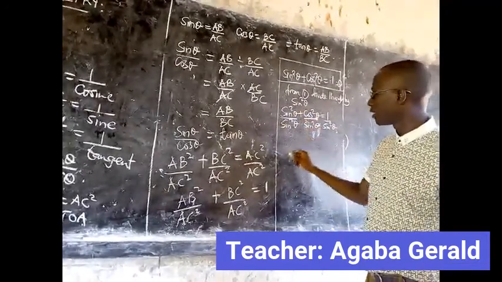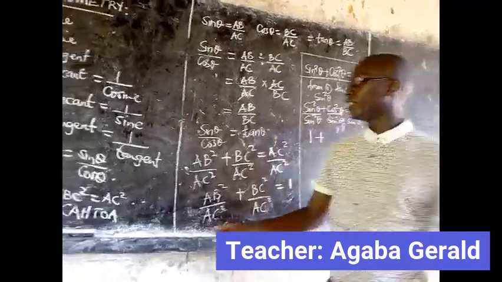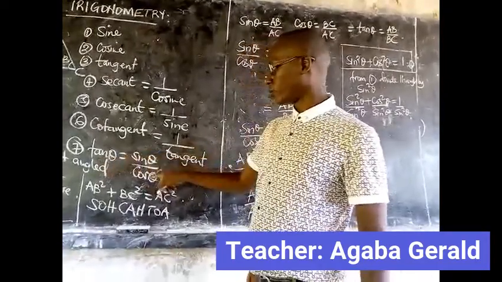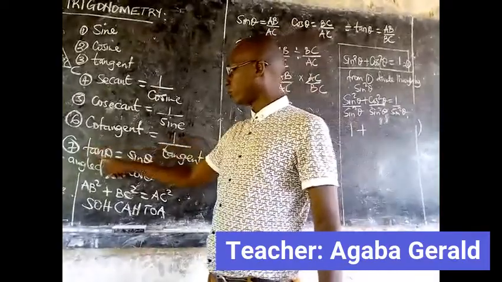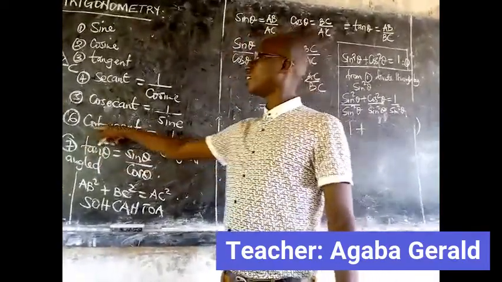Sine squared divided by sine squared is 1, plus cos out of sine. We said the tan theta is sine theta out of cos theta, meaning that cos theta out of sine theta will be 1 out of tan theta. But what is 1 out of tan theta? We said it is cot theta.